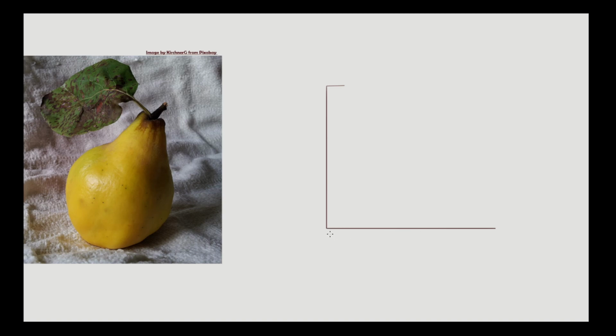Now if we were to draw the same 90-degree angle on this pear, we see that the angle of the pear is like this.